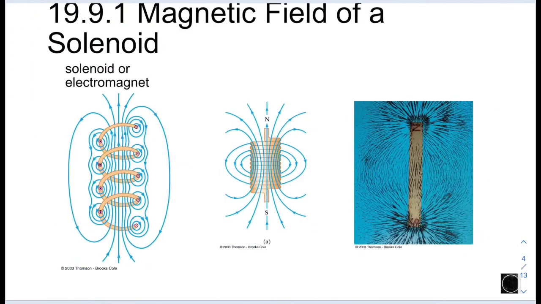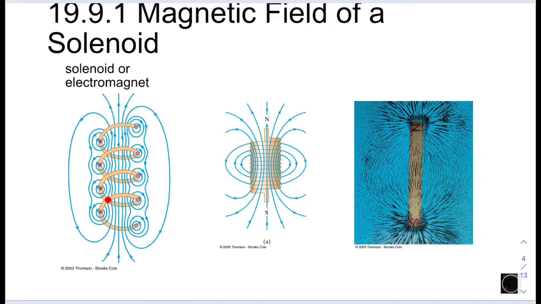Magnetic field of a solenoid. So if you have more than one loop, you're going to have it like this initially. If they are far away from each other, then the pattern of the B will be in this direction. How to get this direction?